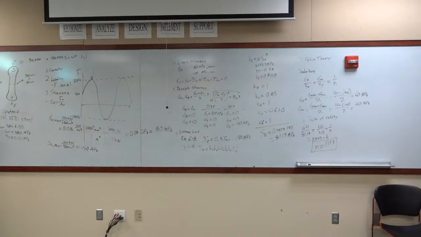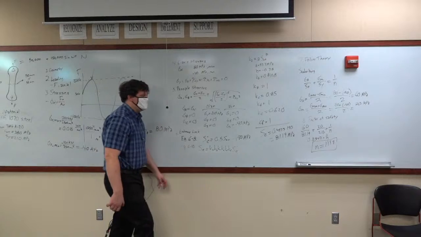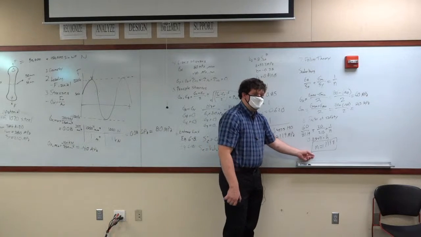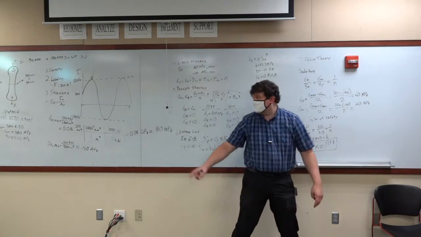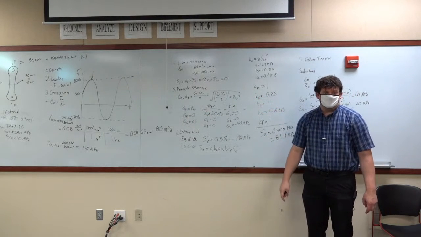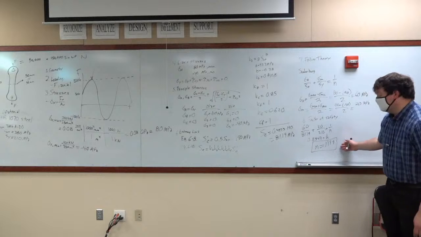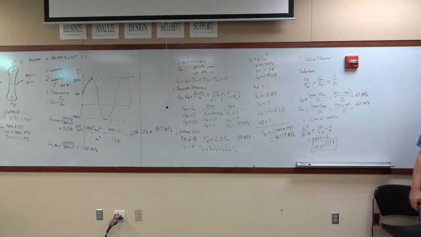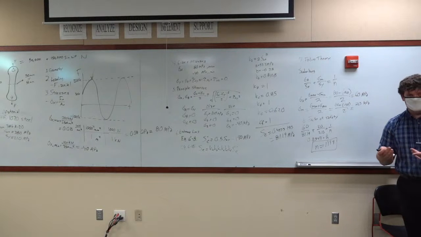So, now if I were to give you this problem backwards and say, you have an n value of 2, design this so that it doesn't fail. And it has to be at 2. 1.199 isn't acceptable. Maybe it's 2 because we're not sure about the loading.